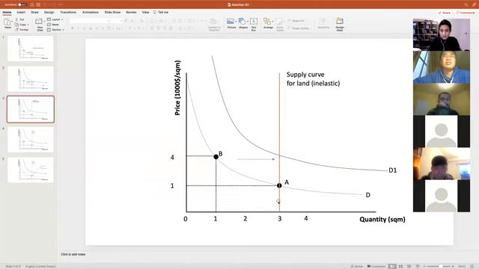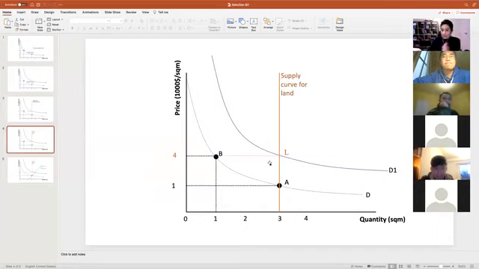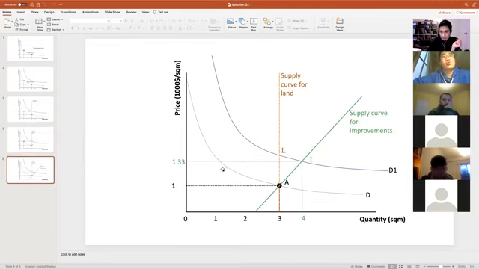And when this happens, the vertical line represents the supply curve for land, and an increase in demand for land would mean that the quantity is fixed, but the price increases, or the equilibrium shifts from point A to L, which means that the price increases from, say, 1 unit to 4 units, which you all were rightly proposing anyway.